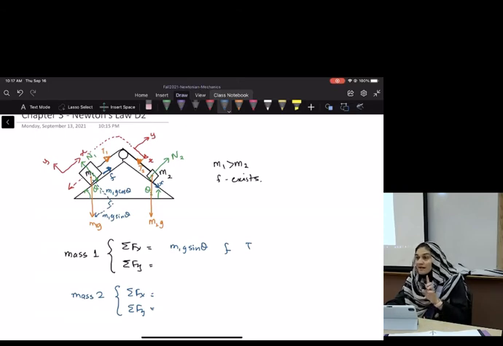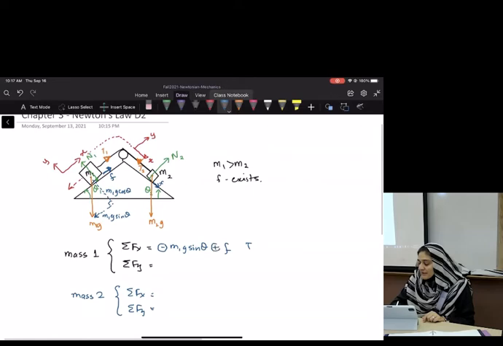Now note how we do this stepwise. So M1G sine theta, what direction does that point? Negative x, down. Okay, then friction will be? It opposes the motion. No, it's along my x.